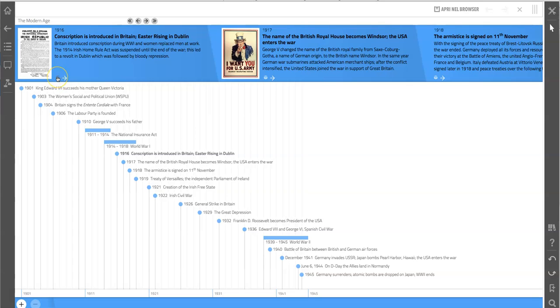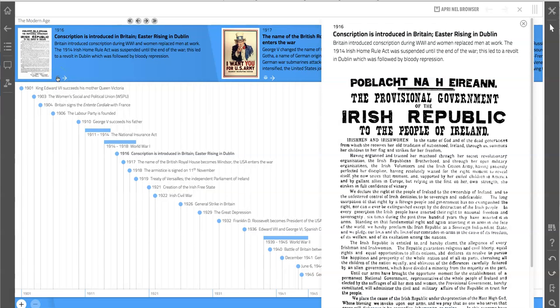All right, 1916, conscription is introduced in Britain, and the Easter Rising in Dublin. So Britain introduced conscription during World War I, and women replaced the men at work.